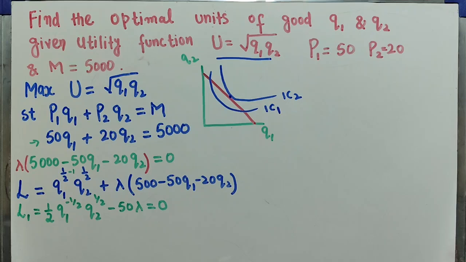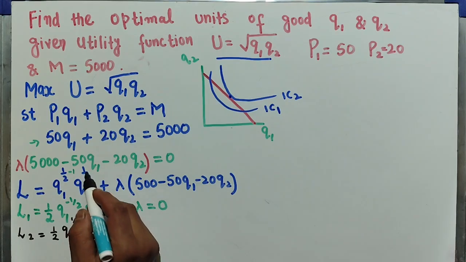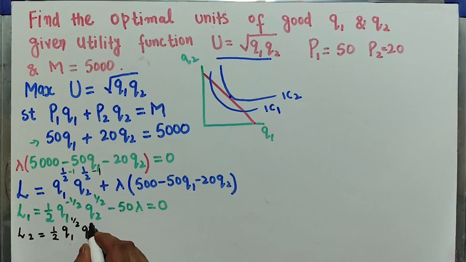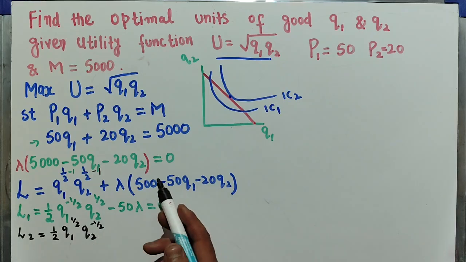Similarly, we take the partial derivative of the given function with respect to Q2. This time the exponent of Q2 becomes the coefficient. Then we have Q1 raised to the power 1/2, and Q2 with exponent 1/2 minus 1, which becomes minus 1/2.